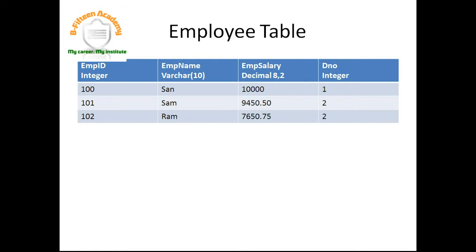And relationships between entities can be constructed using primary key foreign key relationships in typical SQL tables. Okay, so as an introductory example of creating tables using HANA Studio, I am going to use this employee table with 4 columns: employee ID, employee name, employee salary, and department number.